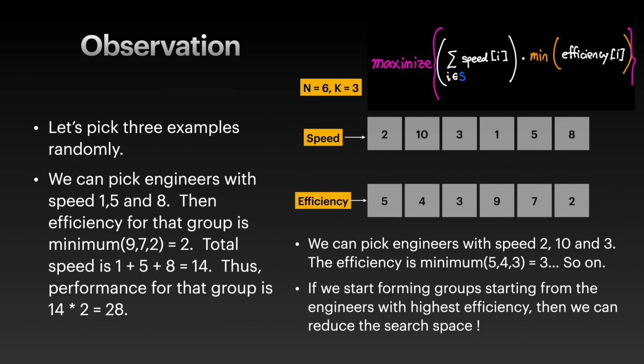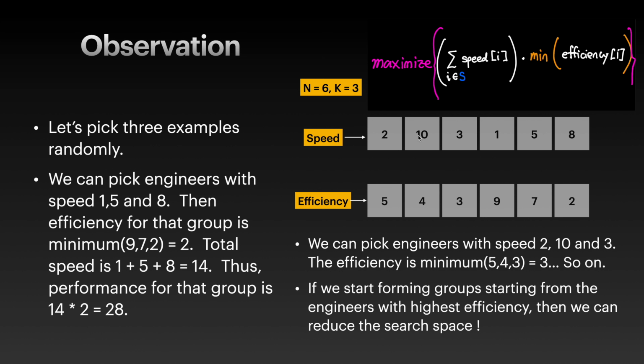For instance, let's use this example, and we have 6 engineers, n is equal to 6, and we can choose up to 3 engineers. That's k. Let's say we pick engineers with speed 1, 5, and 8. Then the minimum of those 3 efficiency numbers will be 2, and the speed total will be 1 plus 5 plus 8, which is 14, times 2, that is 28.